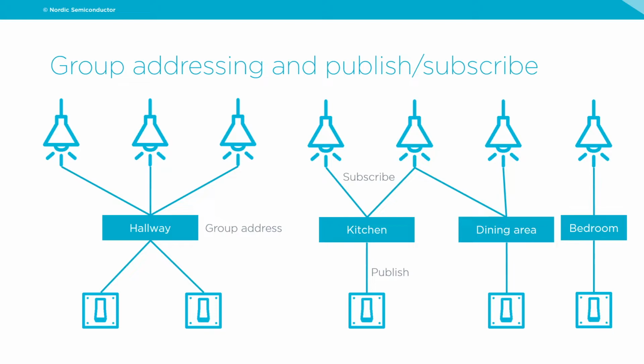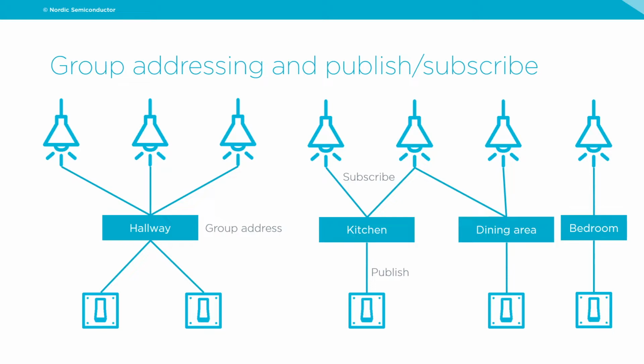So the decision on switching on and off light will be taken at the node level. So when this switch switches on, it will publish to the hallway address. All the lights in range will receive the message that you should turn the lights on, but only the subscribers to the hallway address will actually turn it on.